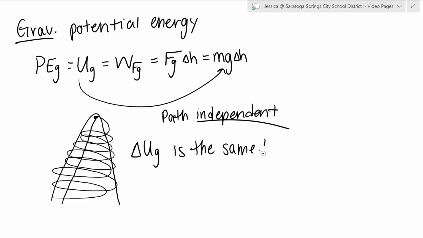Okay? Yes, I might do more work in the first one, but that work doesn't translate into gravitational potential energy. Okay? A lot of that work likely translates into heat or something like that, or work done against friction, okay, since I have a larger path. Pretty much it with gravitational potential energy. Okay.